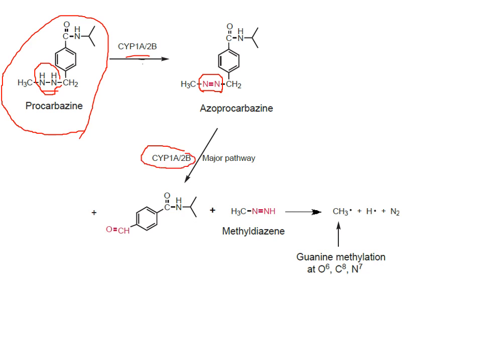So this is a second cytochrome P450 oxidation. The first one happened to convert procarbazine to azoprocarbazine. Now azoprocarbazine is further oxidized by cytochrome P450 to release two compounds. One of them is the benzaldehyde compound, because it has an aldehyde we call it benzaldehyde, and the other one is the methyl diazine.